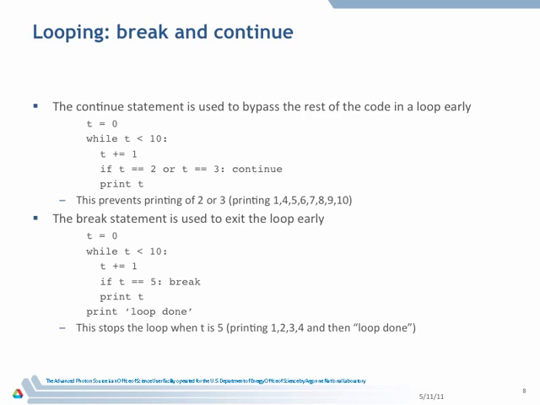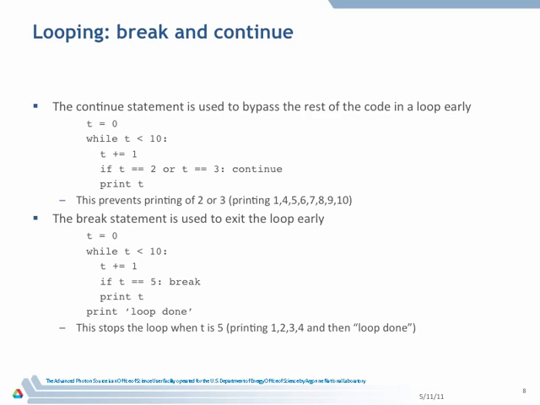But when t is 2, it just goes right back there, but the loop continues. So this version will print out everything from 1 to 10 except for 2 and 3. If I had made that an and, it would not have printed anything out for 2 and 3 because t could never be both equal to 2 and 3.